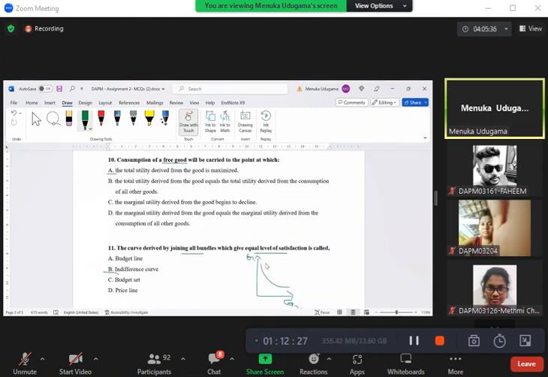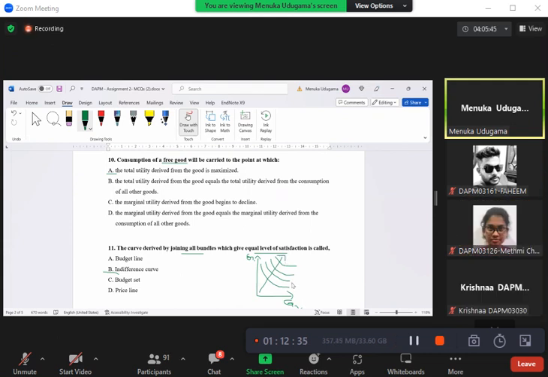So, indifference curve, and we said that as you move up from the origin, the utility increases, isn't it? Like this is 5, this would be 10, 20, likewise 50, 100.